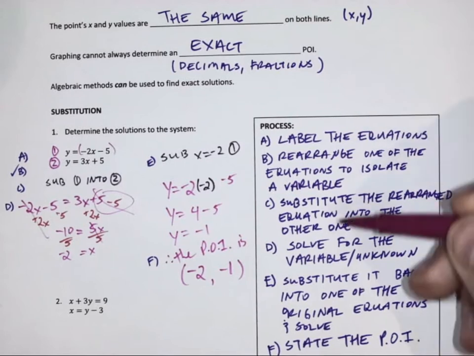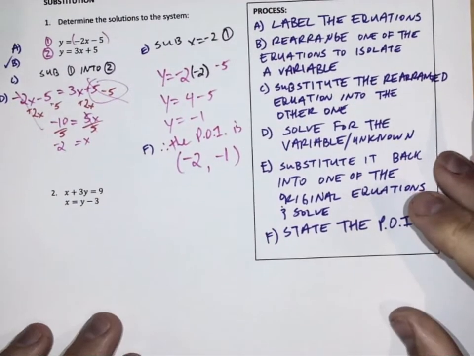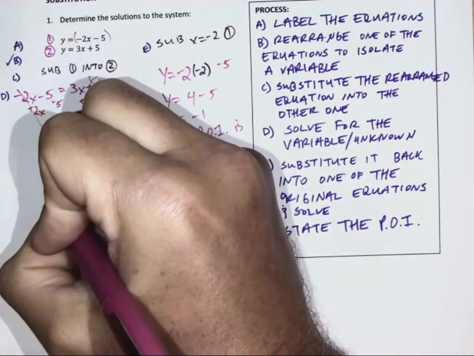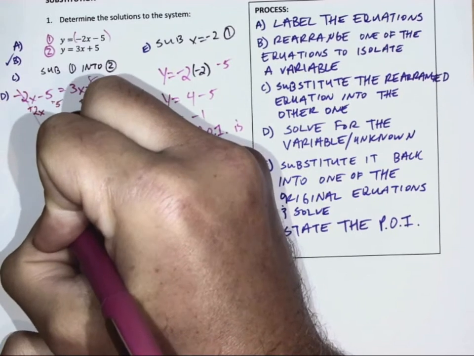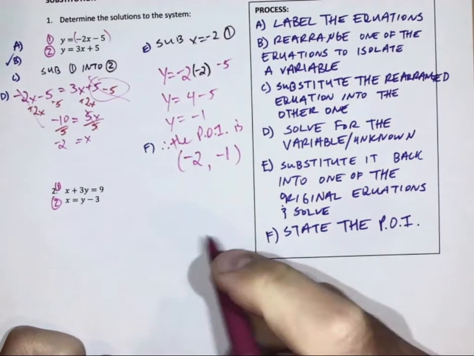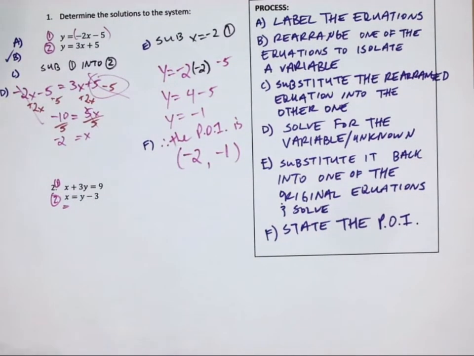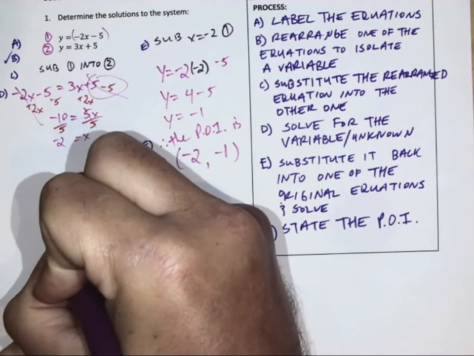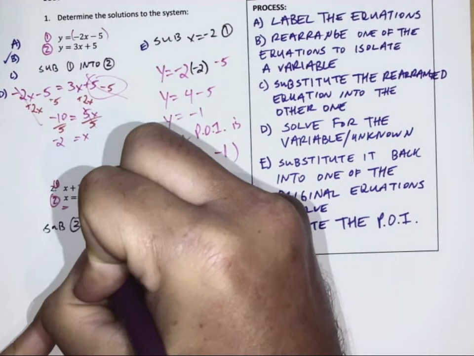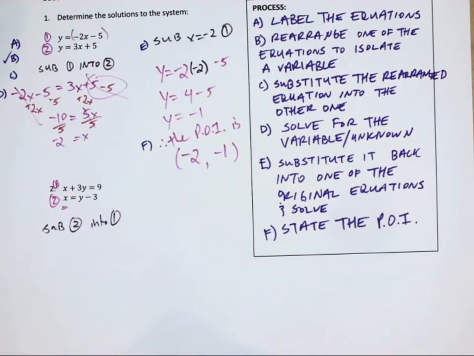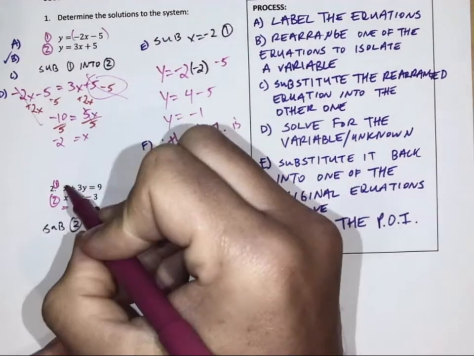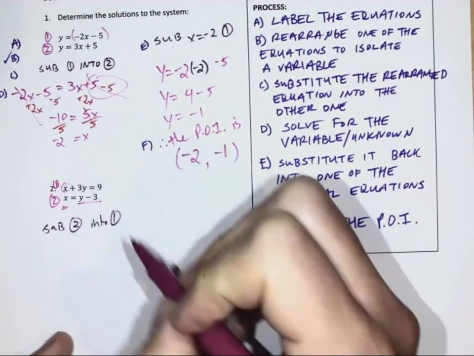Okay, let's see if we can do it again. Follow the steps. So I labeled them. Even though this is question 2, that's equation 1, equation 2. Rearrange. Oh, this one already has x rearranged. So this time, I'm going to sub equation 2 into equation 1. In equation 1, everywhere I see x, I'm going to put what x is worth.